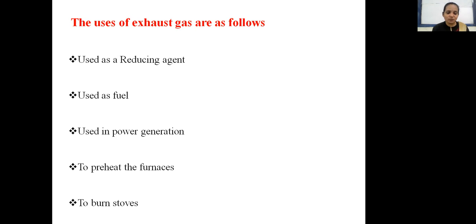It can also be used as a highly flammable fuel. In power generation, carbon monoxide gas is used as a fuel to produce steam, by which the turbines are run and power is generated.